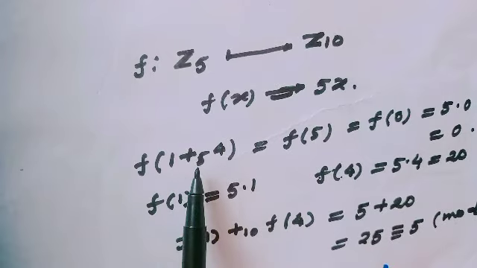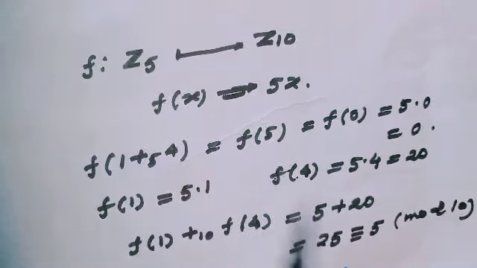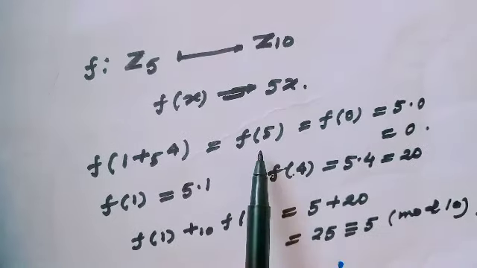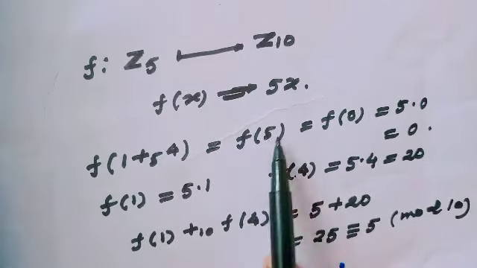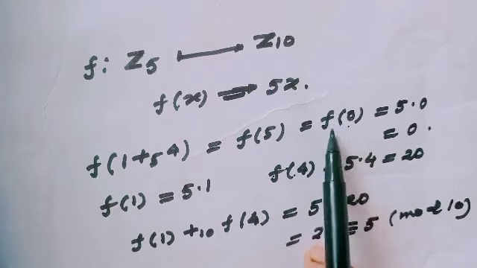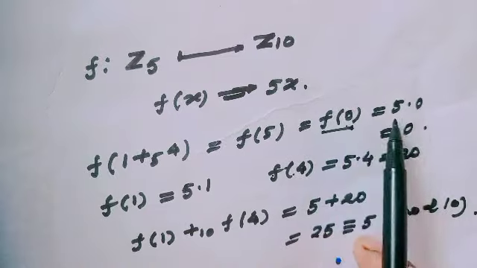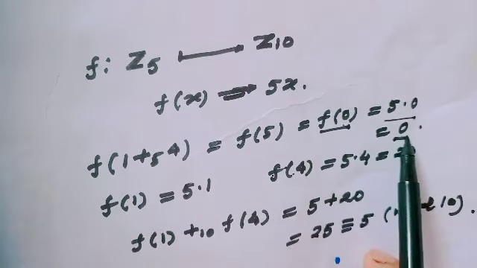Notice, here addition means addition in modulo 5. This is equal to f of 5, and in modulo 5, 5 is congruent to 0. That means this is equal to f of 0, and f of 0 equals 5 times 0, which is equal to 0.